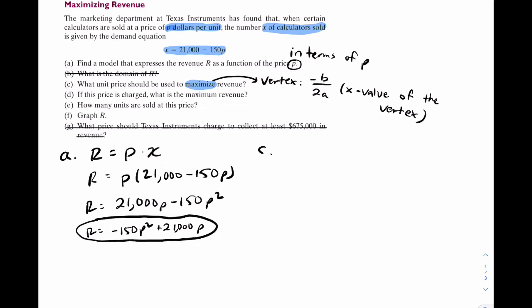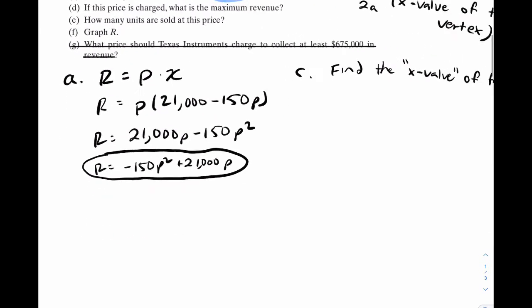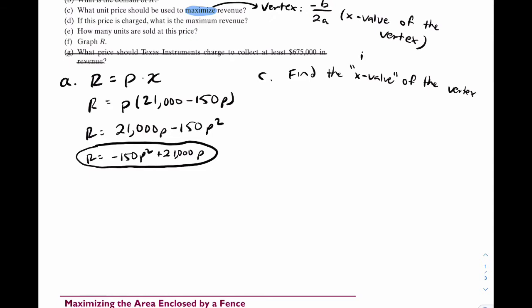So for this one, let's find the x value of the vertex. And I'm going to put that in quotes. So x value, because if you look at our equation here, notice how there is no x. I put it in quotes because that represents like the actual input of the equation.